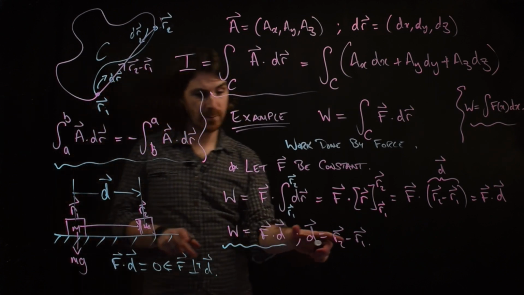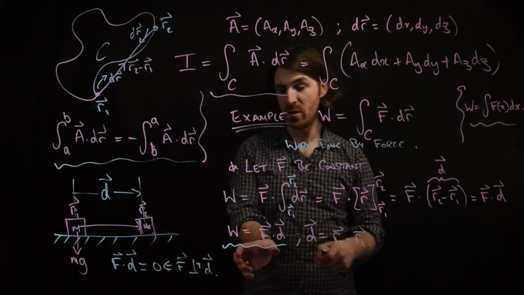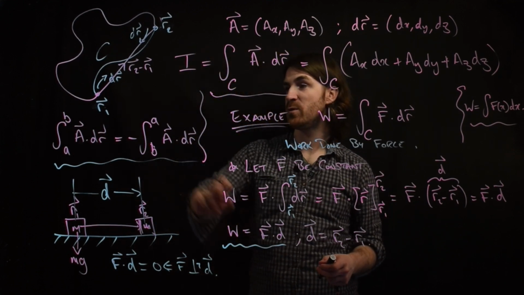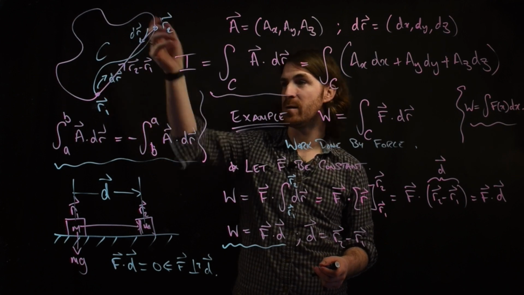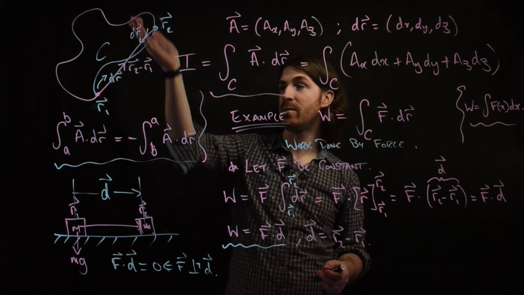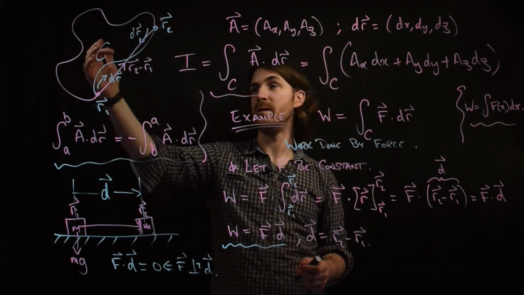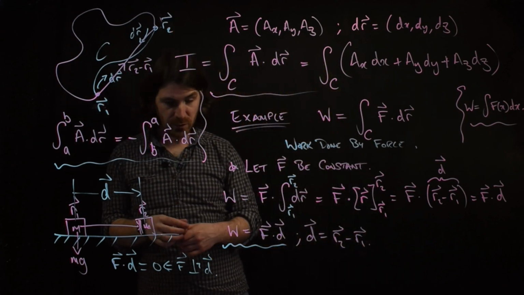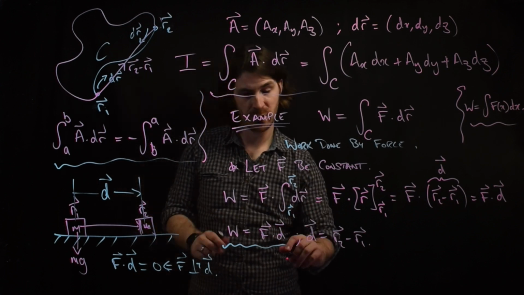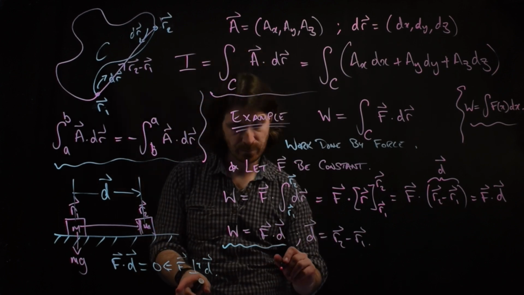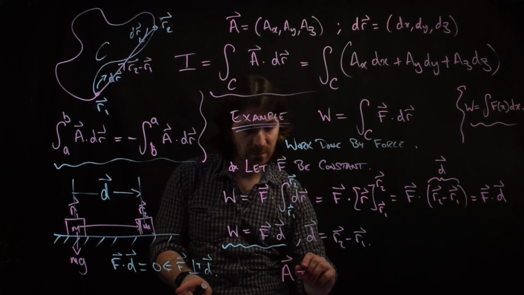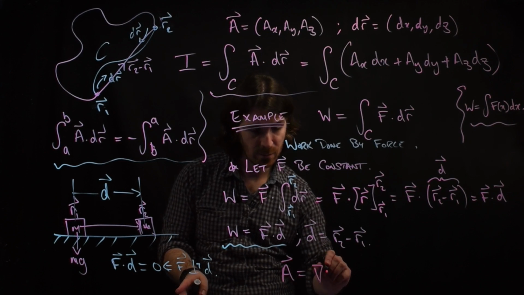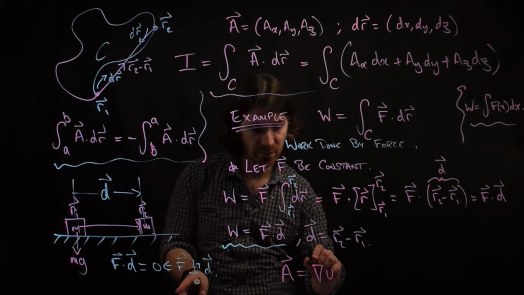So this case in which the work done only depends on the 2 endpoints, the start point and the end point, and not on the path followed, not on the exact shape of the curve, is true for any case in which this A can be written as the gradient of u, some potential.